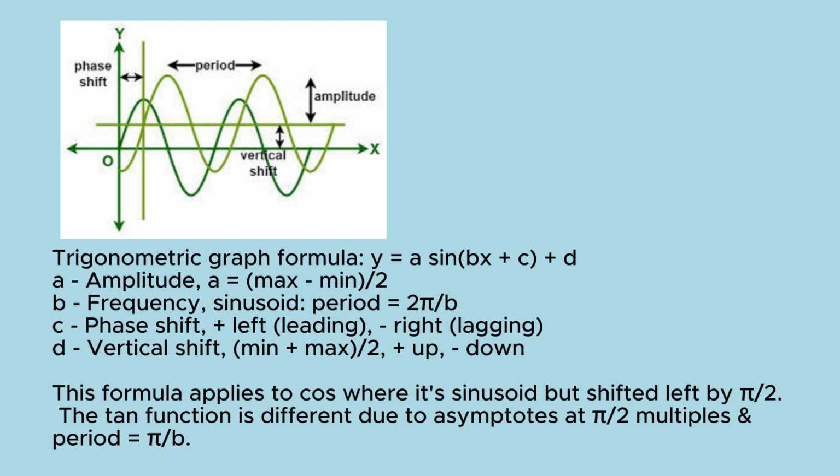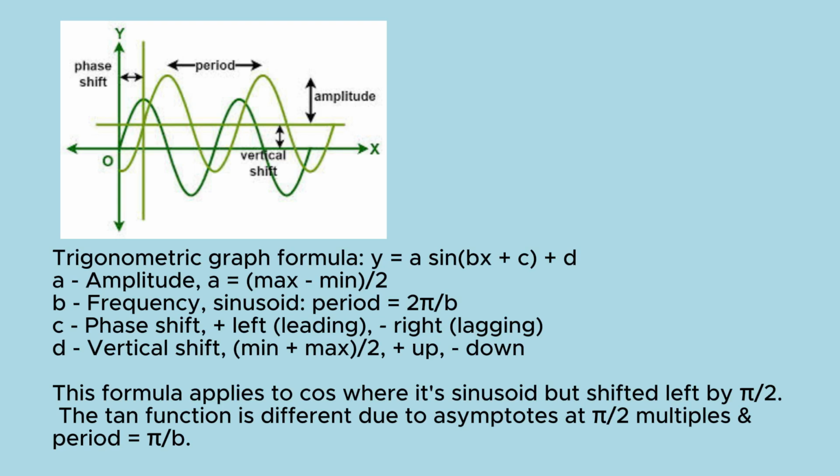Positive means the graph will translate upwards, and negative translates downwards. And for d, what it shows you is the shift in the equilibrium state. The equilibrium state, if d is 0, will be the x-axis.